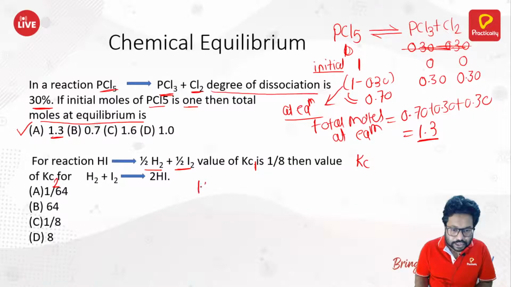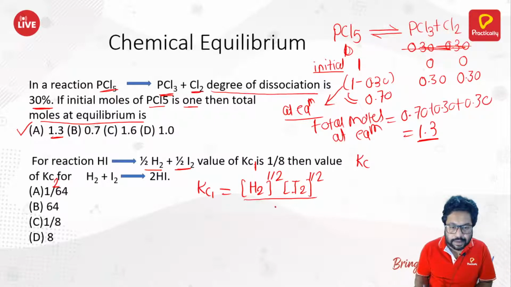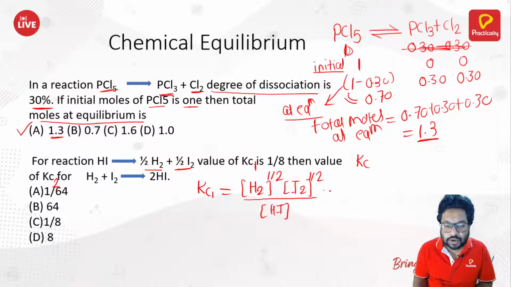For the first reaction, Kc1 has to be [H2] raised to 1 by 2 times [I2] raised to 1 by 2 divided by [HI]. And this is equal to Kc1, which is also equal to 1 by 8. Equation number 1.